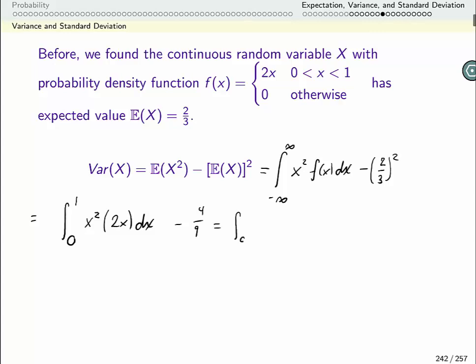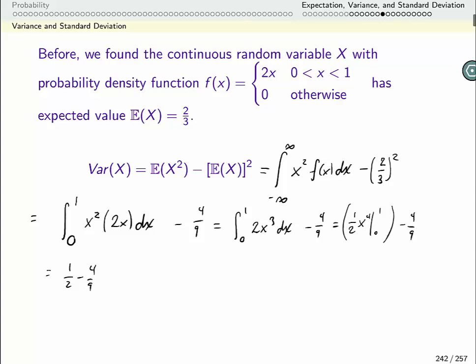So what I need to compute is the area under the curve from 0 to 1 of 2x cubed, and then that whole thing minus 4/9. So that new integral I had to compute was 1/2. That's the expectation of x squared.